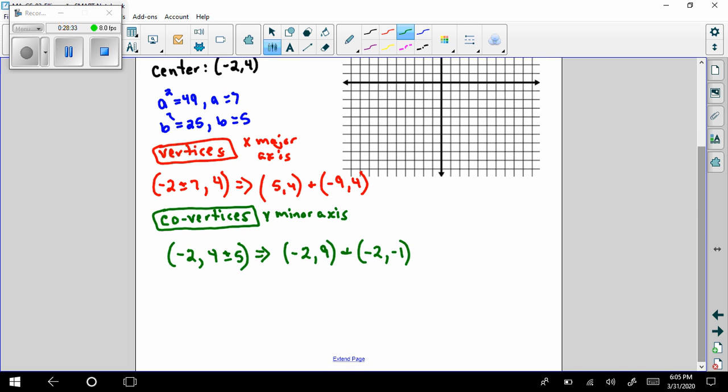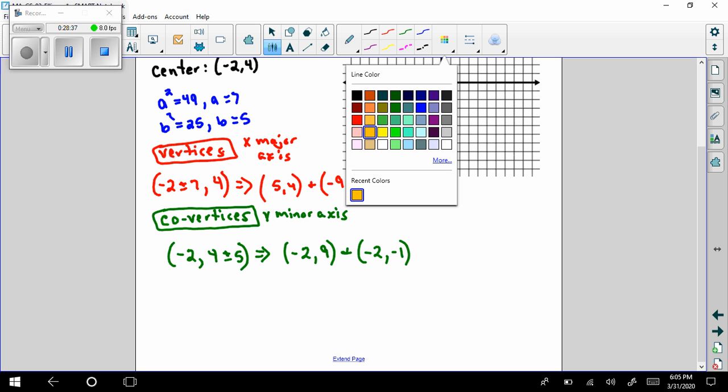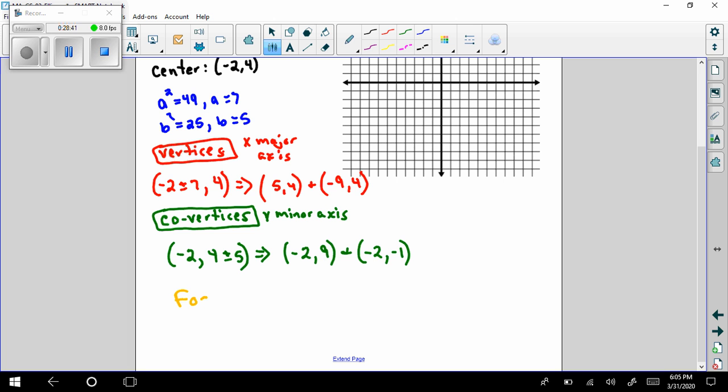Okay, last thing is foci. So we have to calculate that C value. C squared equals A squared minus B squared. So 49 minus 25. C squared is equal to 24.